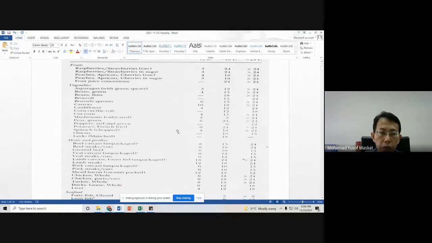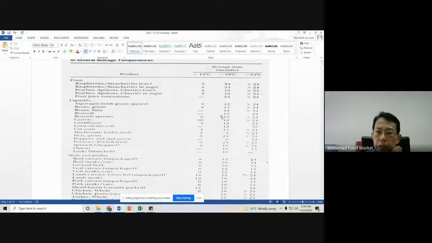Vegetables, asparagus for example, 3 months, then at -18 it is 12 months, 1 year, and then more than 2 years if stored at -24 degrees C. Meat and poultry products, ground beef for example, is 6 months, then 10 months at -18 degrees C, and then 15 months at -24 degrees C.